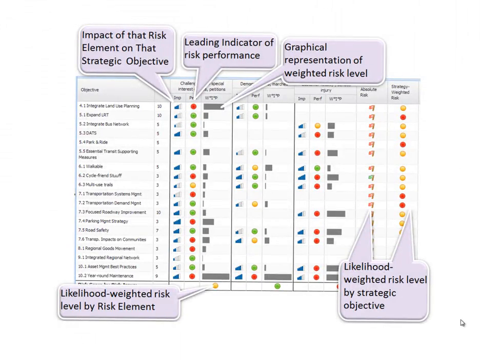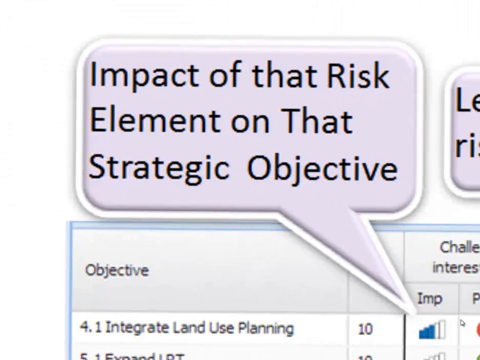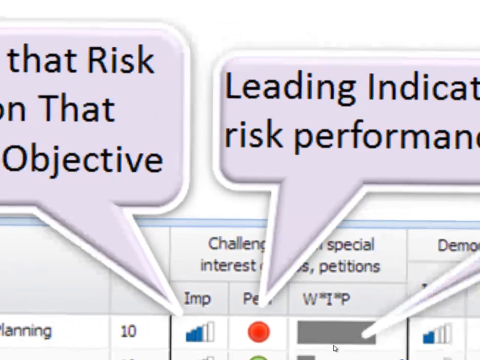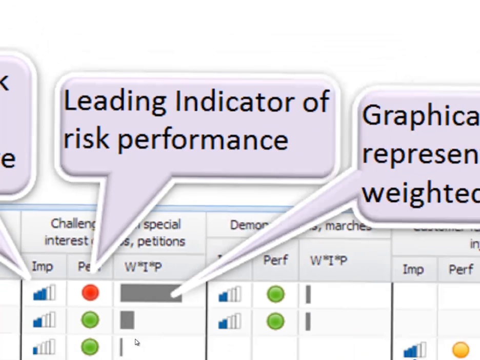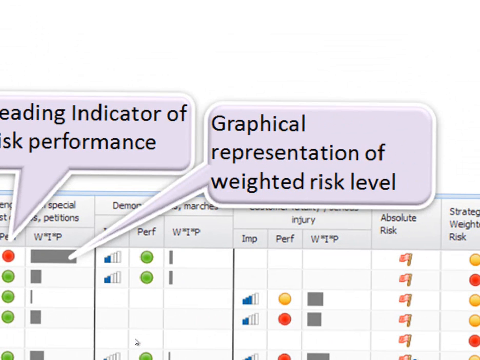So the components inside the risk scorecard are as follows. First, this signal strength icon represents for us the impact of that risk against that strategic objective. The icon is the leading indicator for whether that risk is occurring. And then finally, we can get a graphical view of that weighted risk level.